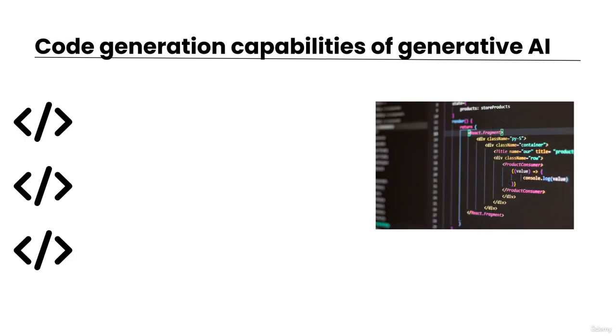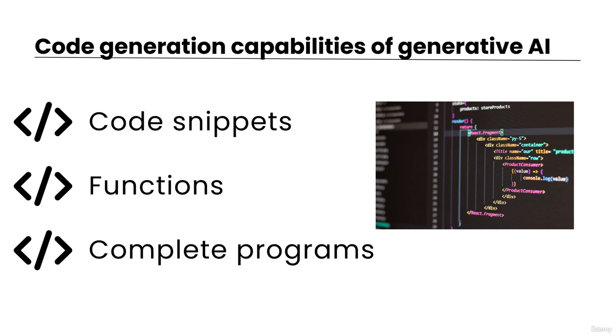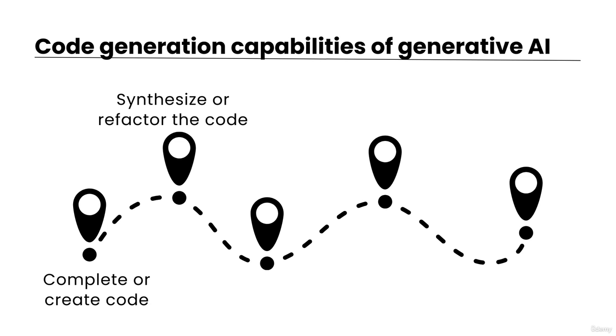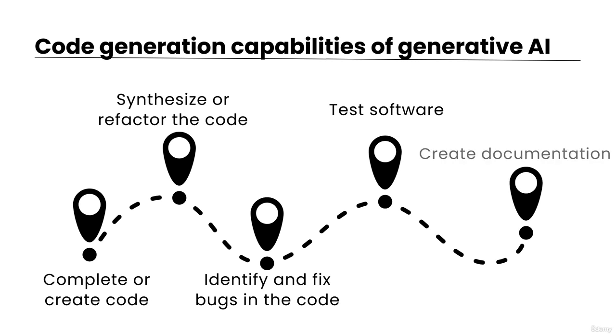Now let us talk about generative AI's code generation capabilities. Generative models can generate new code snippets, functions, or complete programs based on desired functionality. These models are trained on existing code repositories, and they can complete or create code, synthesize or refactor code, identify and fix bugs in the code, test software, and create documentation including comments, function descriptions, and usage examples.